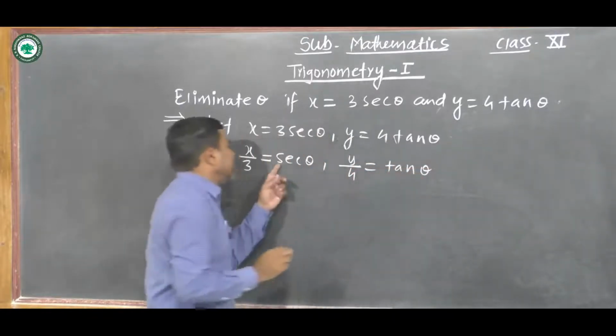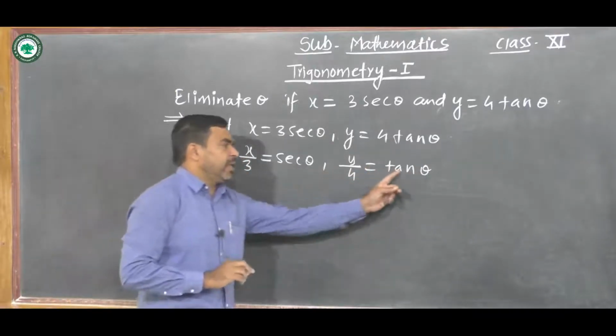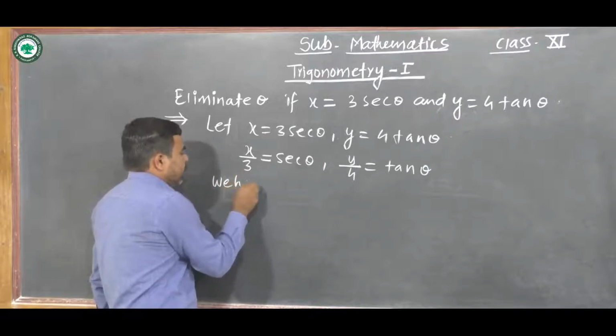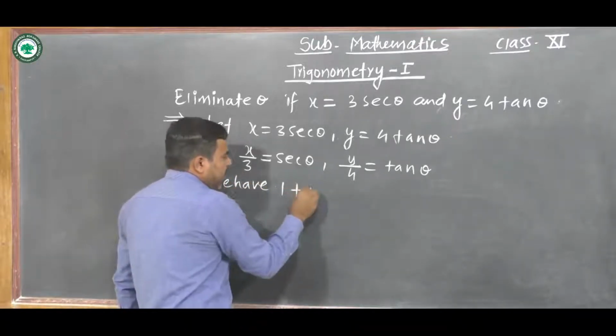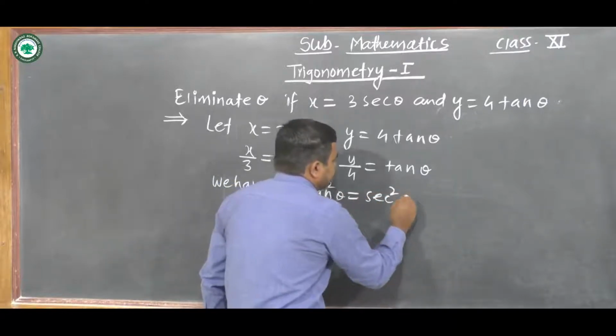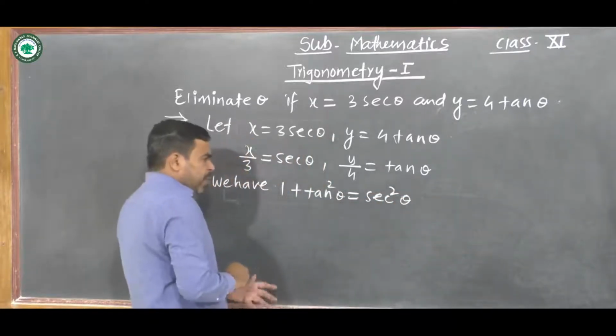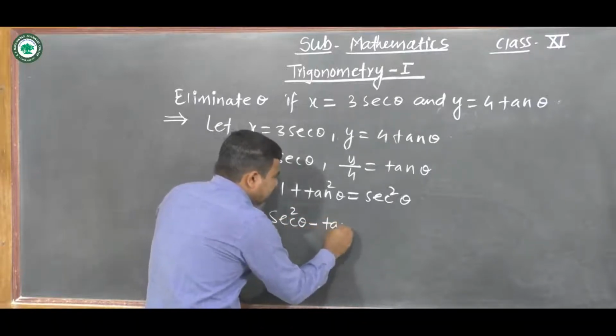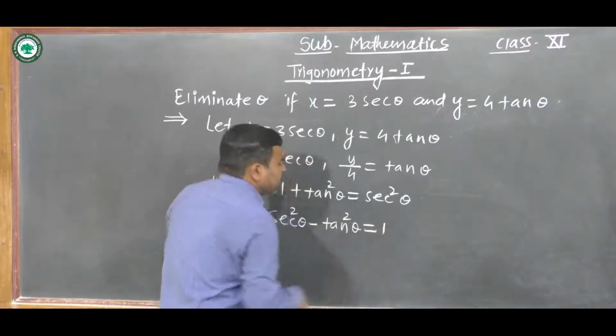It means sec theta is equal to x upon 3 and tan theta is equal to y upon 4. We have 1 plus tan square theta is equal to sec square theta. It means sec square theta minus tan square theta is equal to 1.